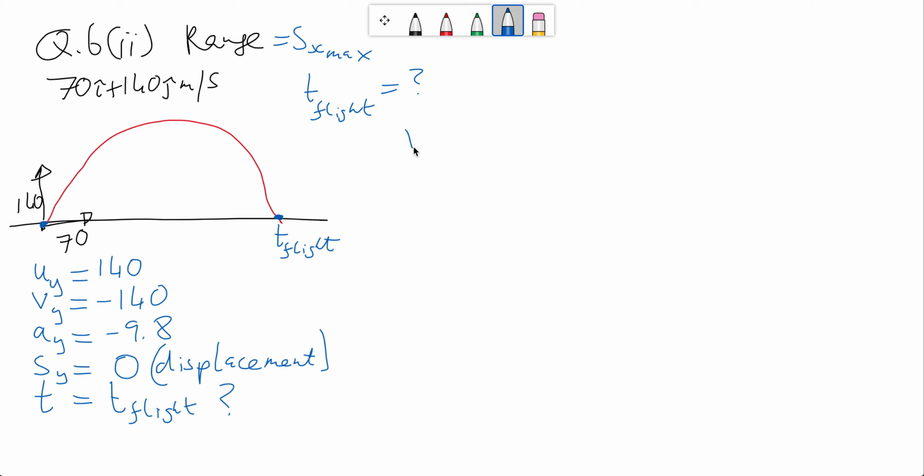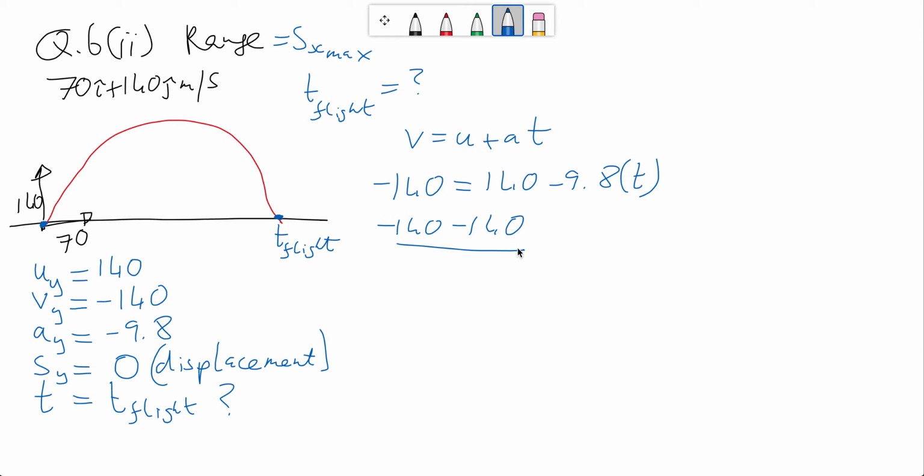So let's use V equals U plus AT. Fill in what we have. We have minus 140 for V. We have U at 140, minus 9.8 times T. And that's what we're looking for, T. So that means minus 140 minus 140 divided by minus 9.8 equals T. So T actually equals minus 280 divided by minus 9.8.